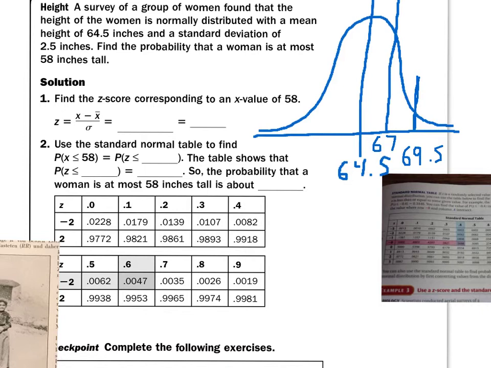That means that you are taller than, think about it, there's 50% of the population over here, and there's another 34% right here in this little section, and there's 13.5. You are taller right now than 97.5% of all the people.